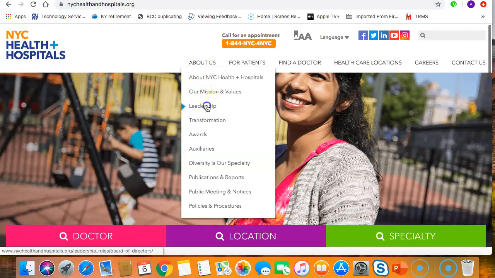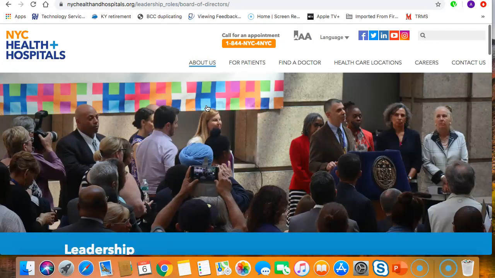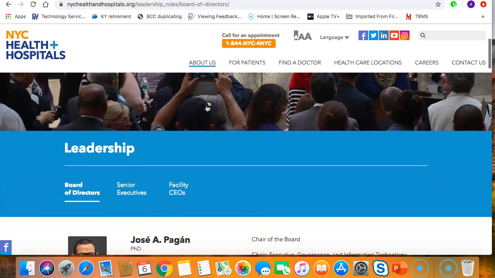So let's go to leadership. Even just from the tab here, you already see the three different sources of power. This is more for the different facilities that Health and Hospitals has.